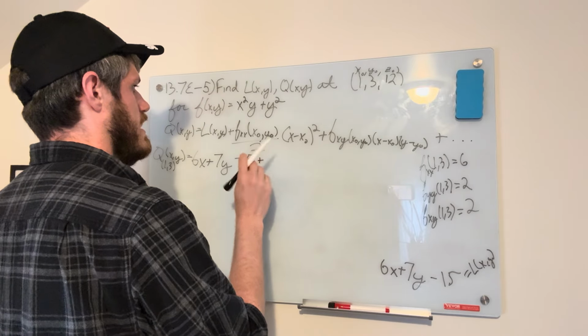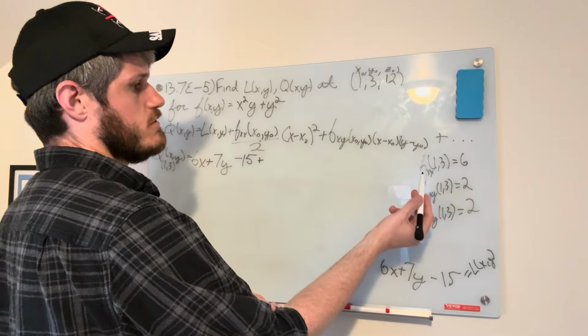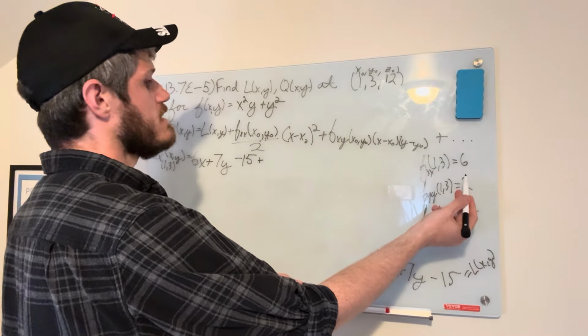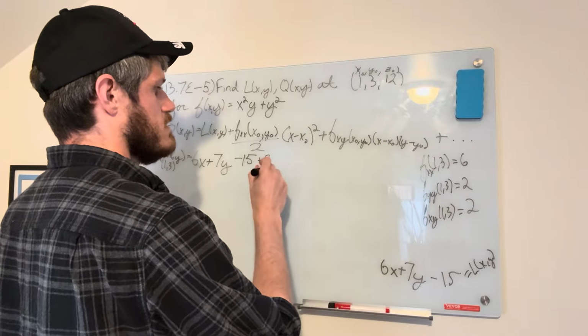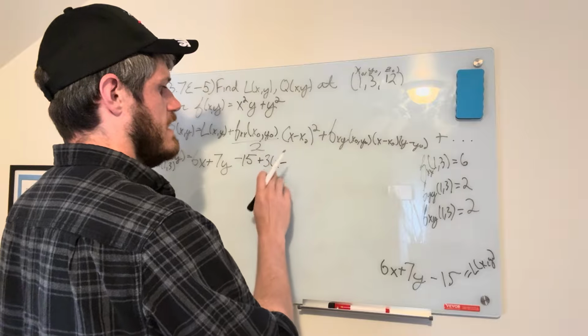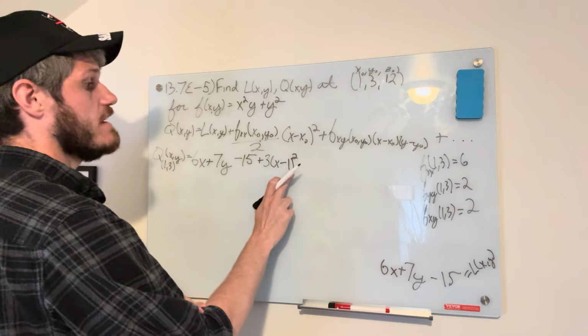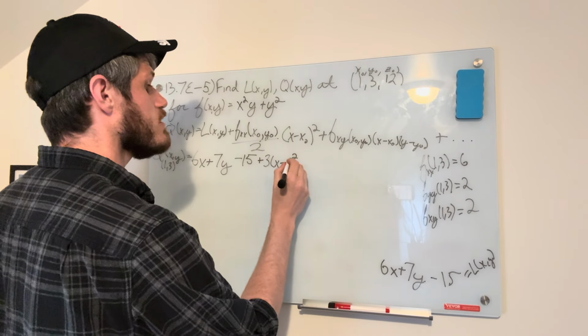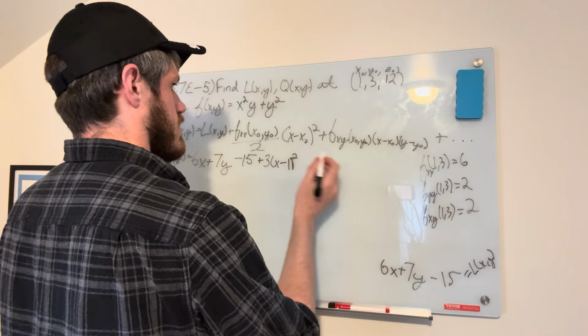And then you add your second partial derivative with respect to x evaluated at the point over 2. So 6 over 2 is 3. And then x minus your point 1, or the x that you're evaluating at for your point that you're approximating near, that squared.